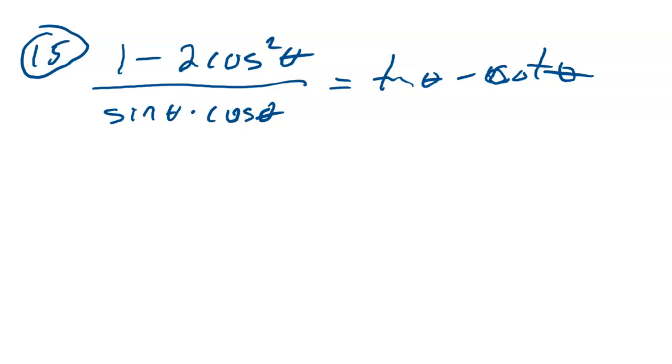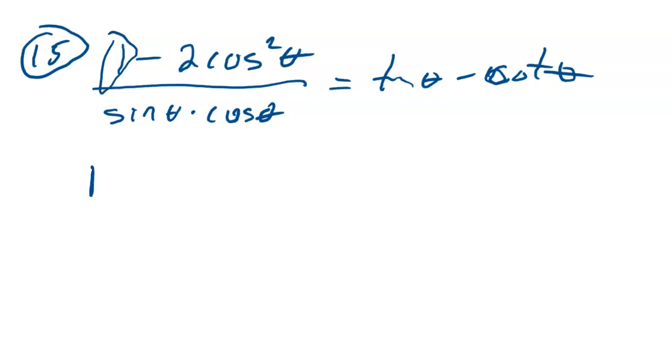Right-hand side? Where to start? I'm going to go left-hand side. I'm doing left-hand side. All right, I don't know what to do, but I do know what 1 is, right?